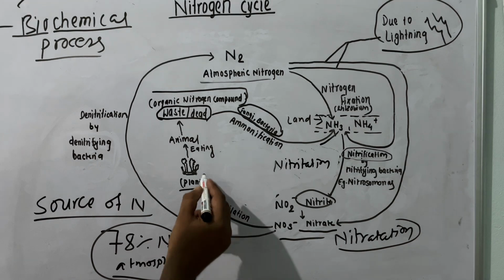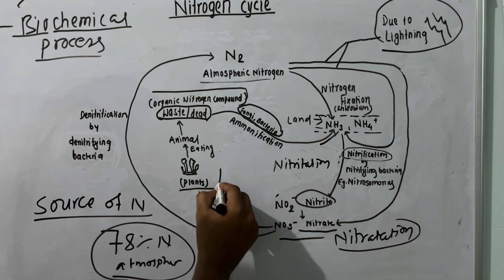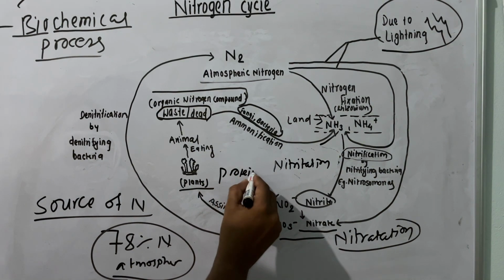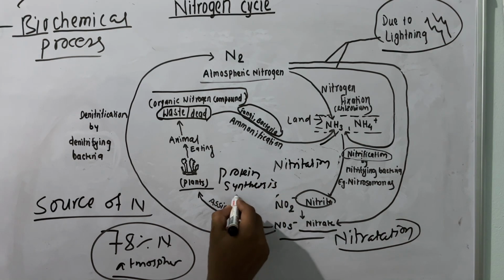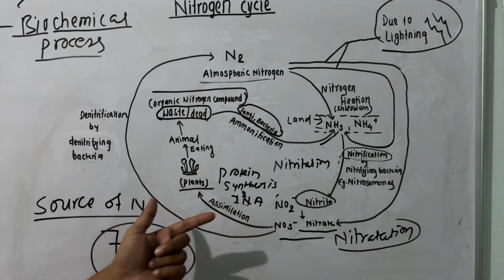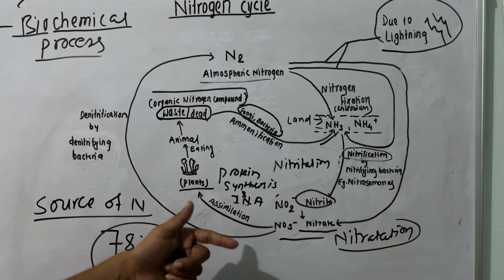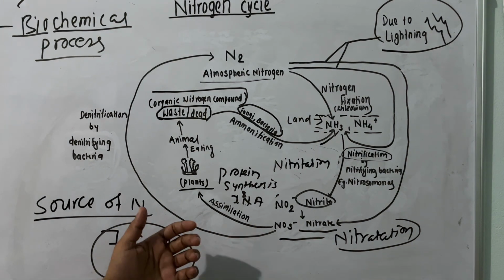The plant gains this nitrate form of nitrogen for protein synthesis and also DNA synthesis or other several metabolic processes. The plant acquires this nitrate form of compound from the soil.